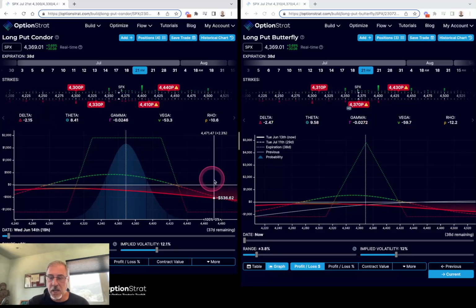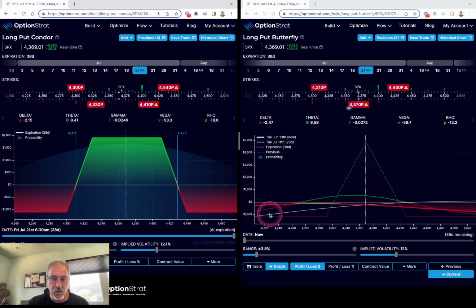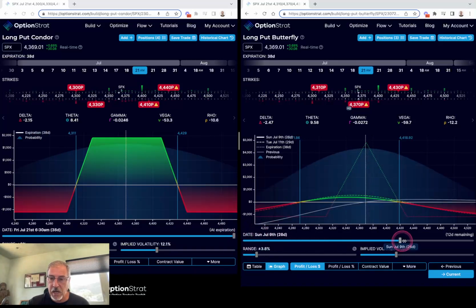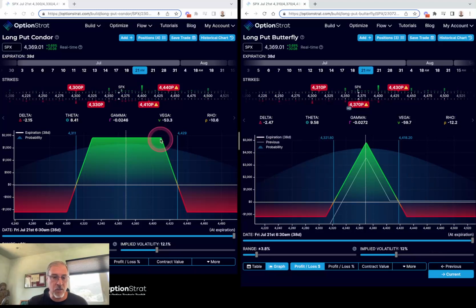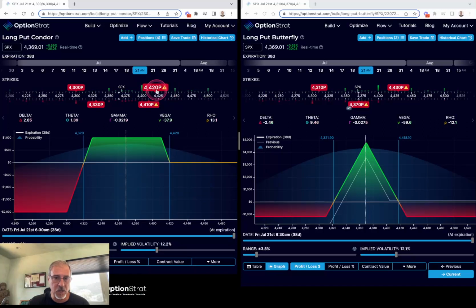So I know I tossed a lot at you there, but the main takeaway for me in looking at these two different structures is how wide of a range do I want to allow for my position?